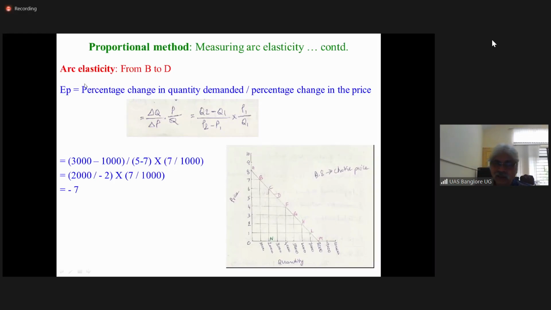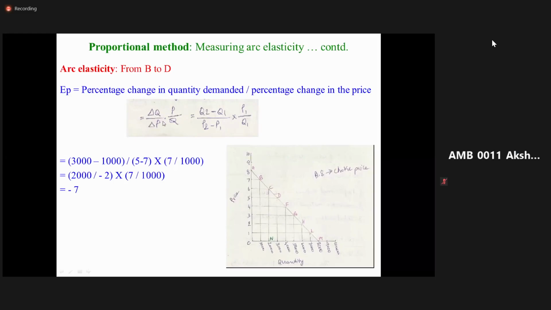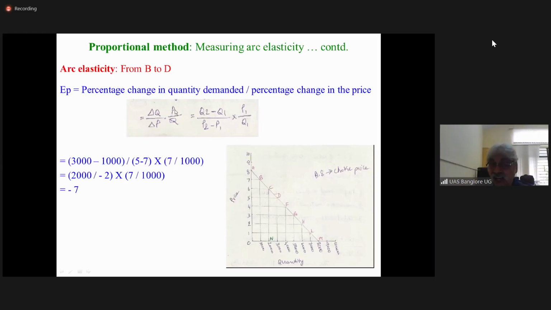So the coefficient EP is equal to percentage change in quantity demanded divided by percentage change in the price of the commodity. The formula, yesterday we derived this: delta Q by delta P into P by Q. Change in quantity by change in price multiplied by original price and original quantity.